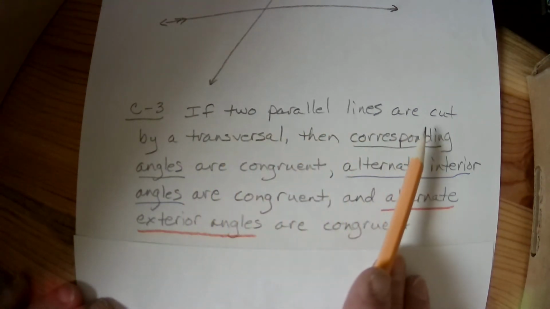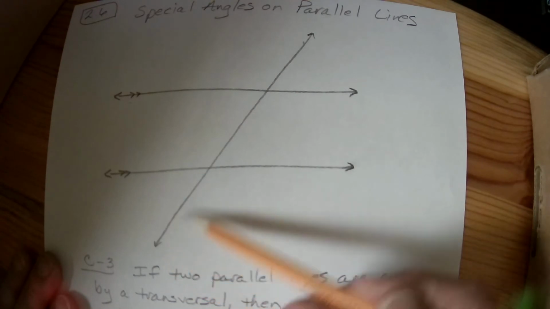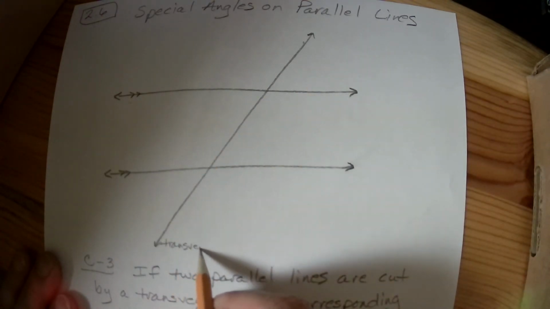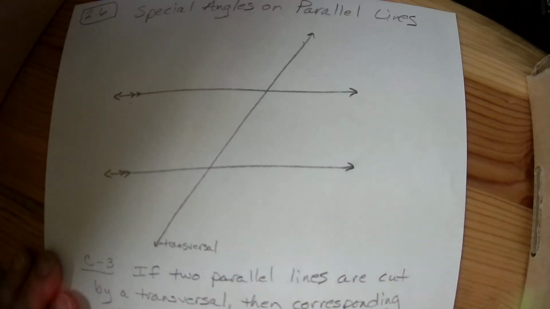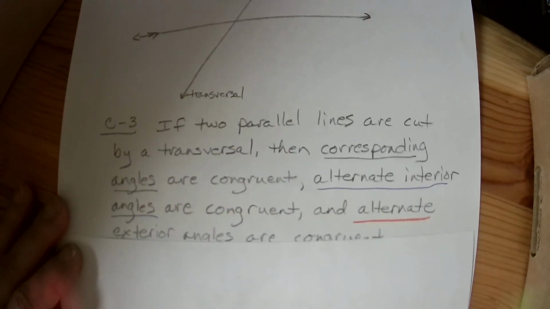If two parallel lines are cut by a transversal, so two parallel lines, the line that cuts across it, that's called a transversal, then corresponding angles are congruent, alternate interior angles are congruent, and alternate exterior angles are congruent.